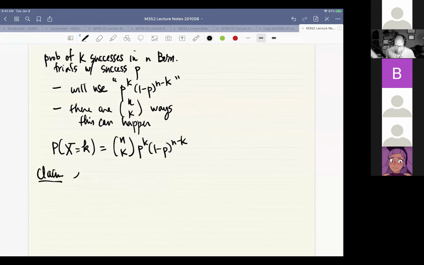So I claim that this is our probability mass function.